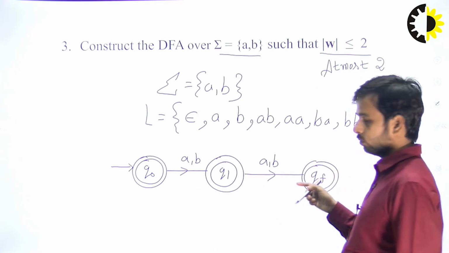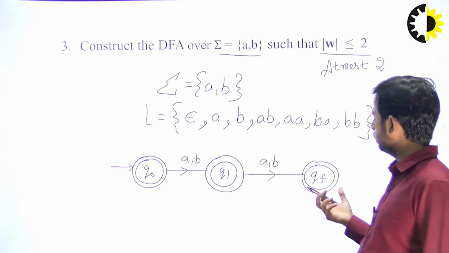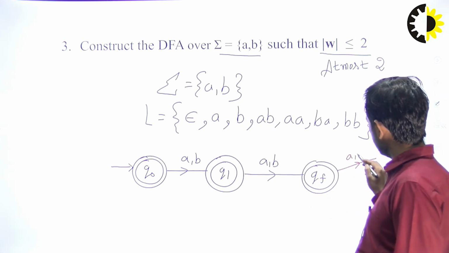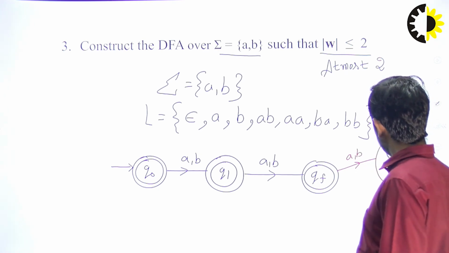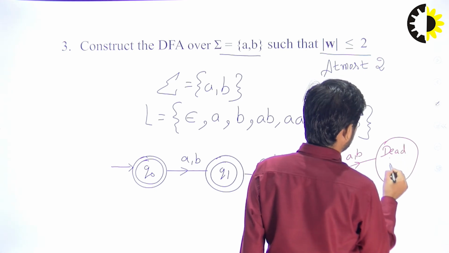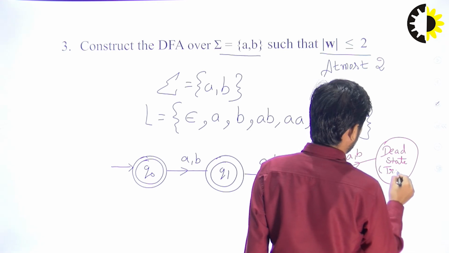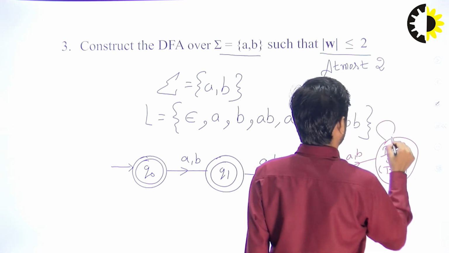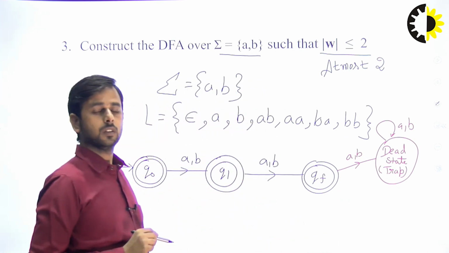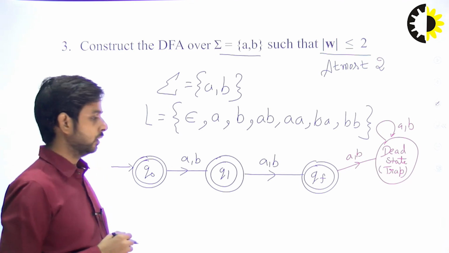If there is more than 2 symbols, of length more than 2, then upon A and B it goes to a dead or trap state. Okay, this is optional. On the dead state, on input A and B, it remains in the dead state.